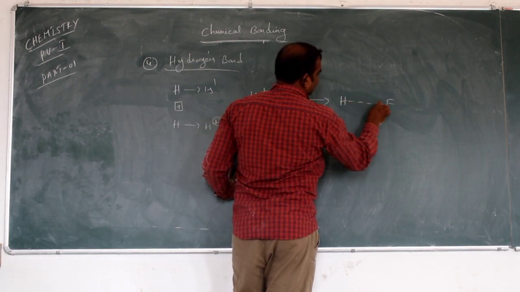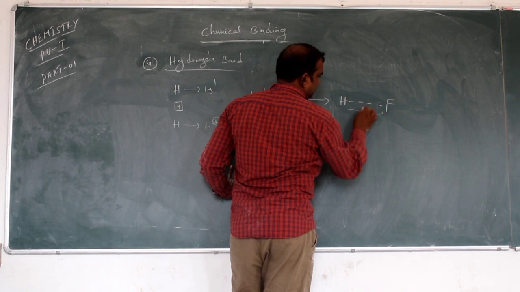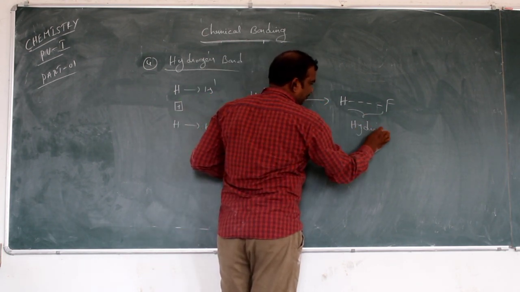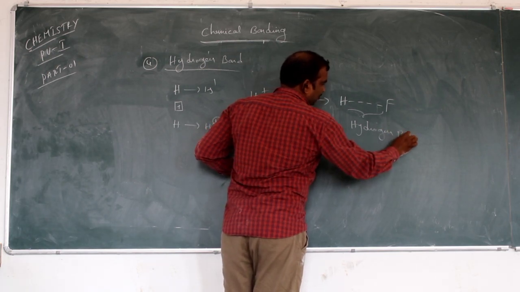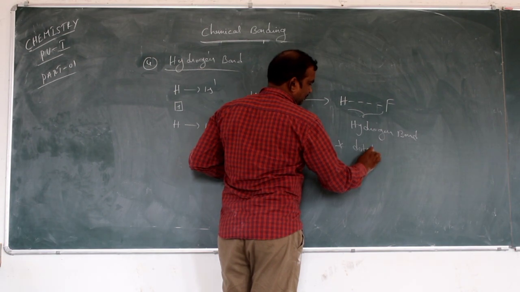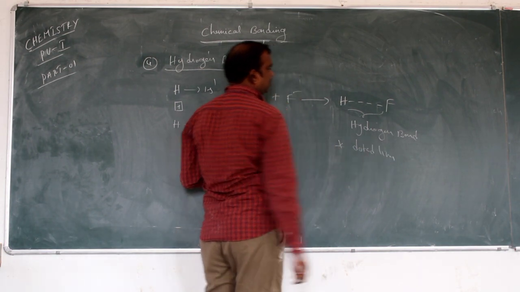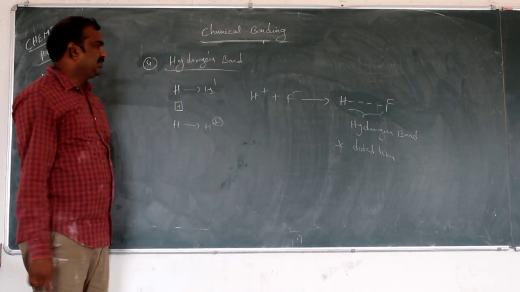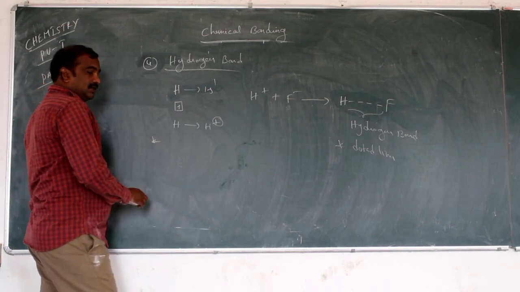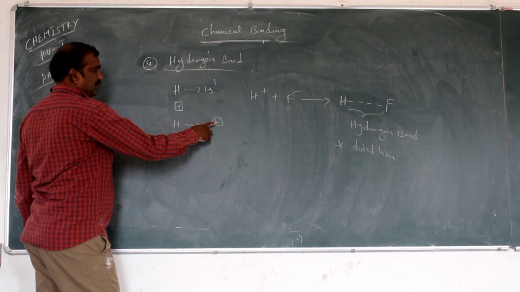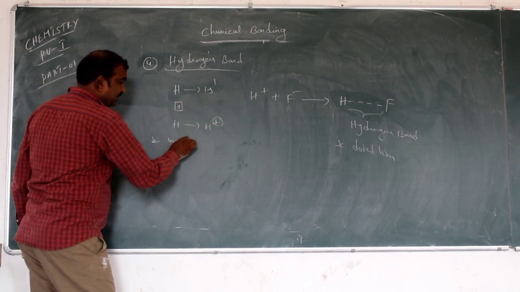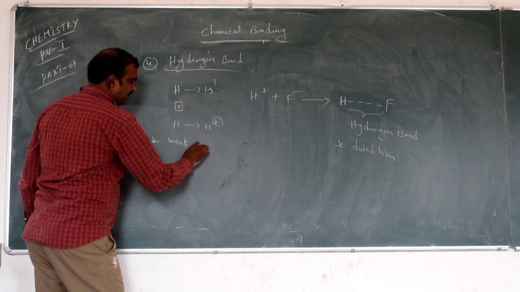This hydrogen bond is denoted by dotted lines. See, look at it, dotted line. So how can you define this hydrogen bond? Here, this is small size and big size, so a weak electrostatic force of attraction will occur.